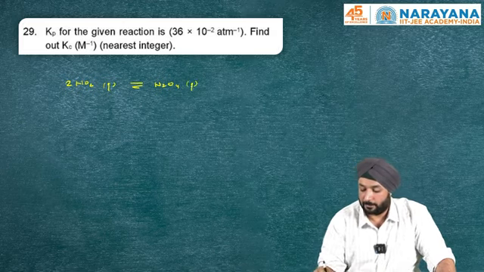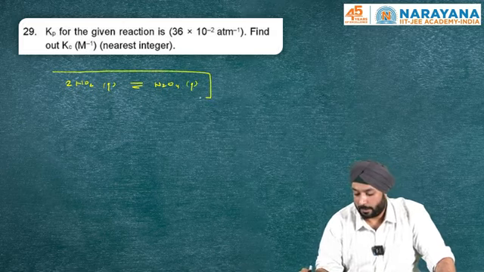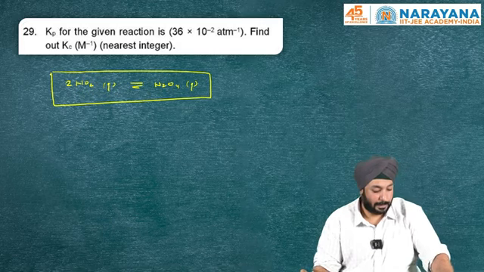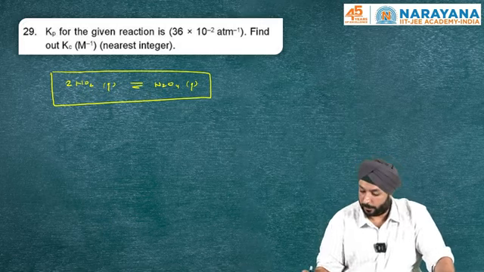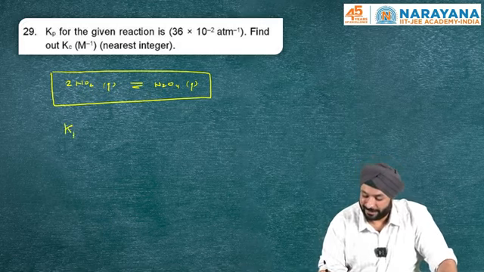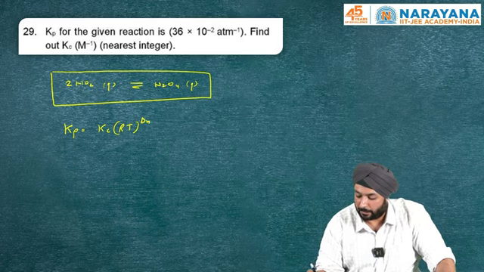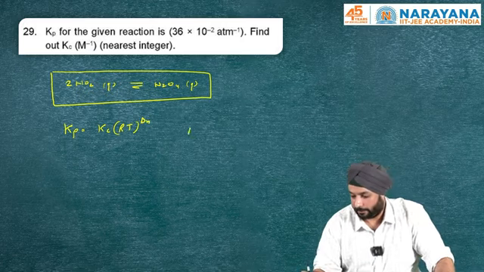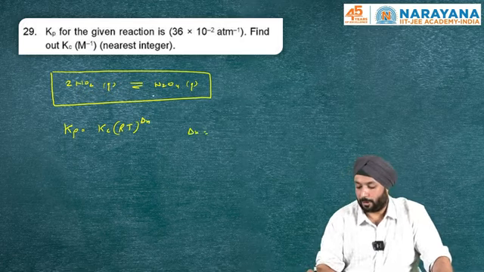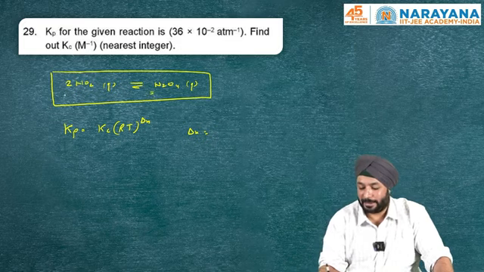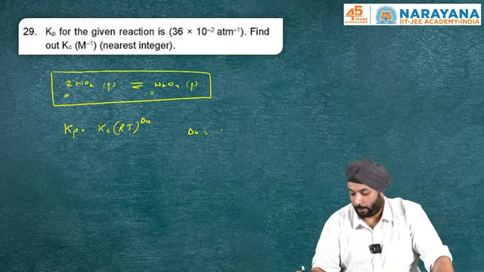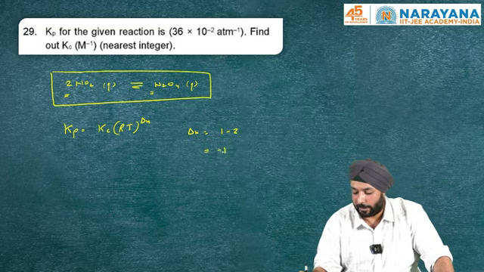He's asking for the nearest integer, right? We know that Kp is equal to Kc (RT) to the power delta n. What is delta n? Stoichiometric coefficients of products minus reactants, that is 1 minus 2, which comes out to be minus 1.